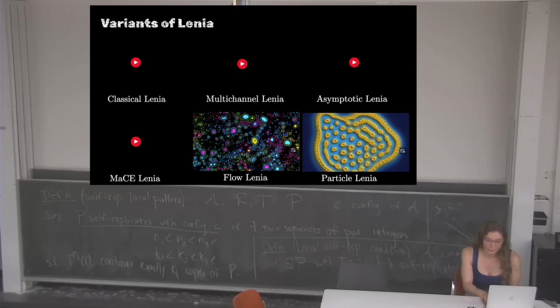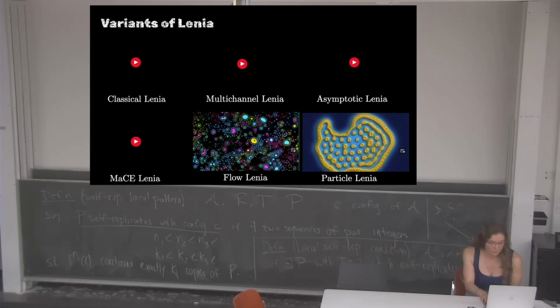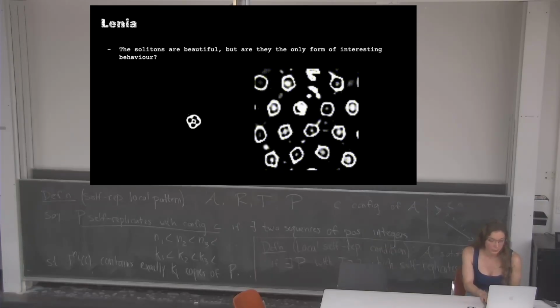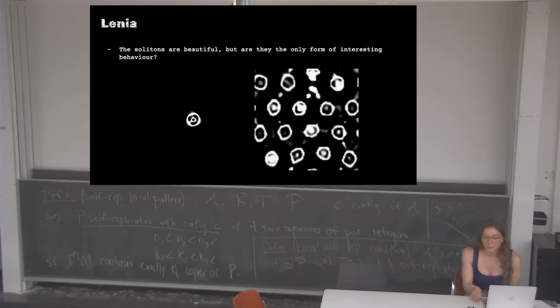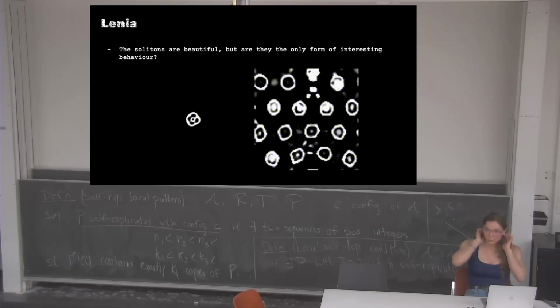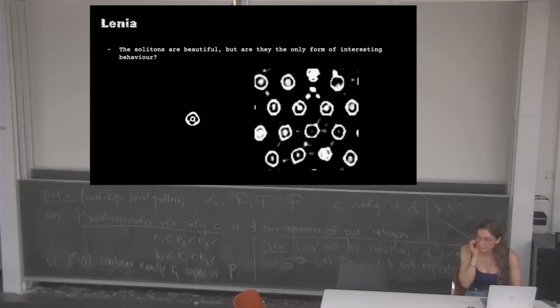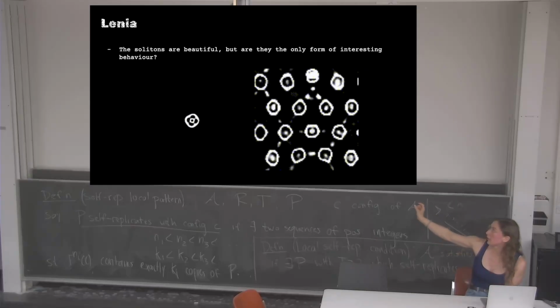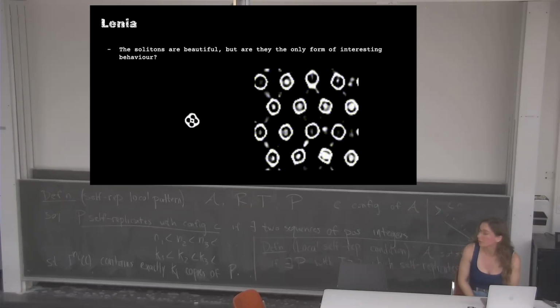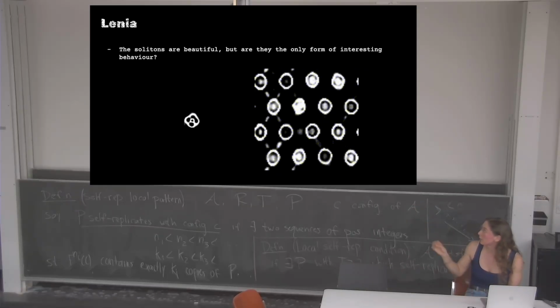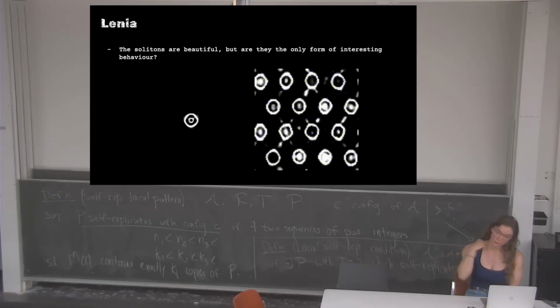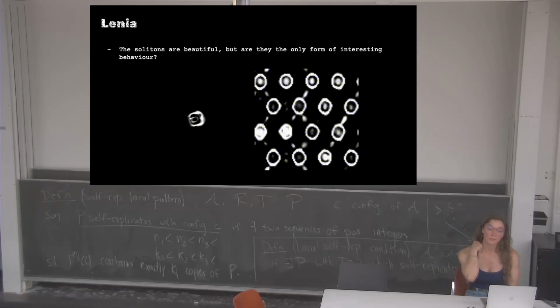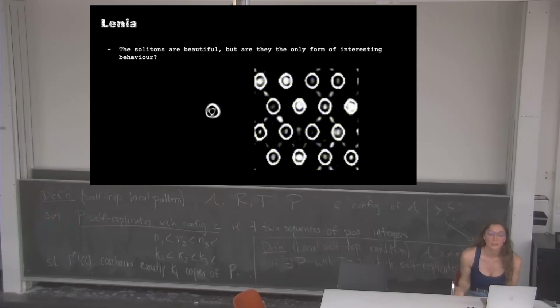So to quickly summarize this very brief Lenia chapter, I will give you a few open questions that I find interesting. First of all, in Lenia, people seem to focus on these very localized soliton-like structures that move around, often in fascinating ways. But it is not clear to me, despite the fact that they are very beautiful, why they are the only form of interesting behavior.